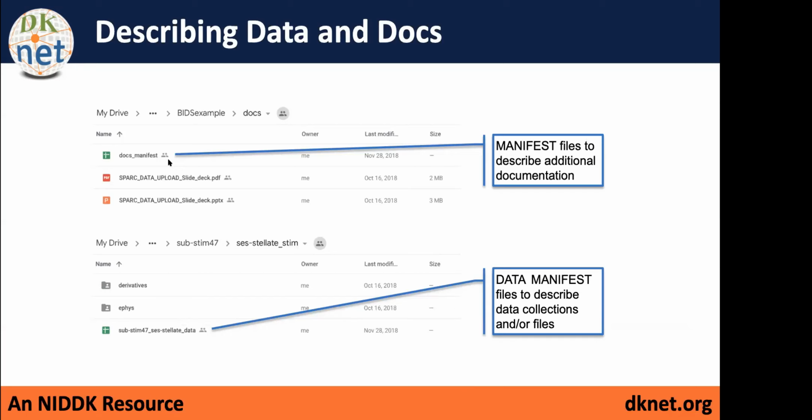Because we're dealing with different types of files, not just imaging data, some of the additional things we add to the directories include manifest information, right? This manifest can either be at the level of the data or at a higher level, basically to describe the types of files contained in this data set.